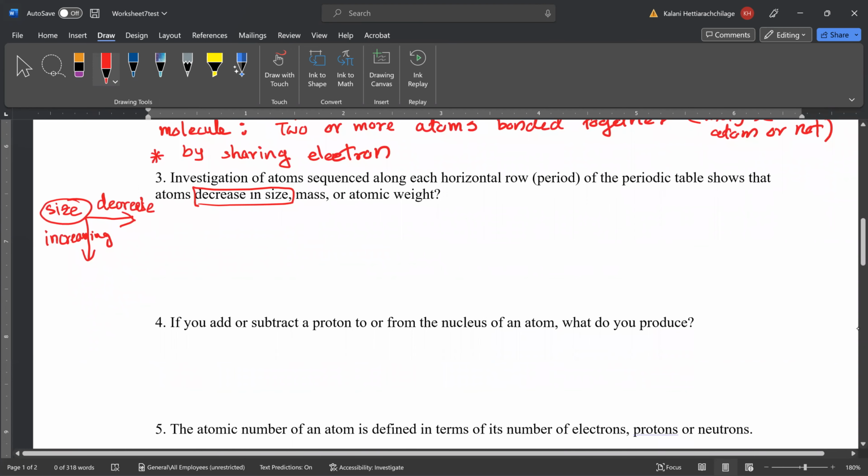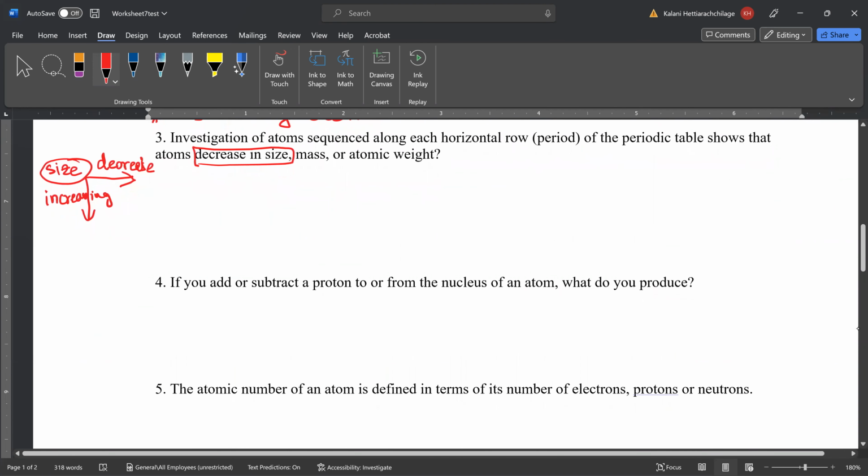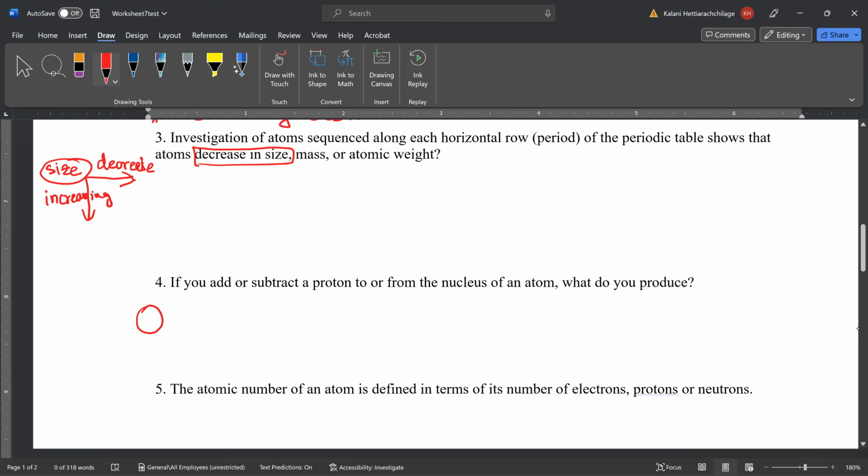Okay, so that's easy. And number 4: if you add or subtract protons to or from the nucleus of an atom, what do you produce? If you have an atom, and you add a proton, or subtract a proton, or you add an electron, or subtract an electron, what will happen is it will create an ion, right? It will create positive or negative charge.